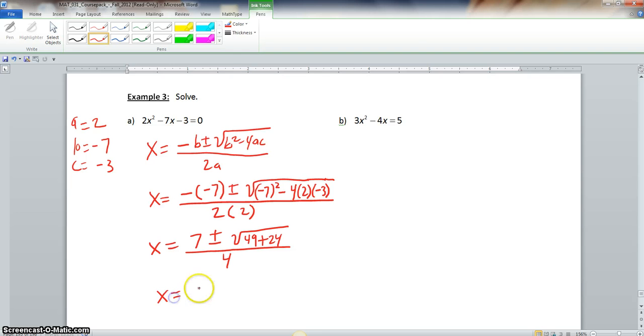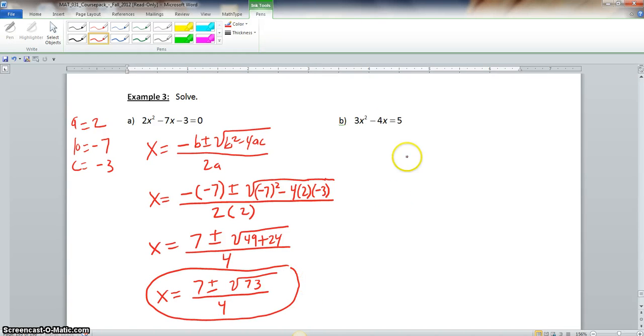So we will have x is equal to 7 plus or minus the square root of 49 plus 24 is 73 all over 4. Now there is no perfect square in 73, and 7 and 4 has nothing in common, so this here is your final answer.